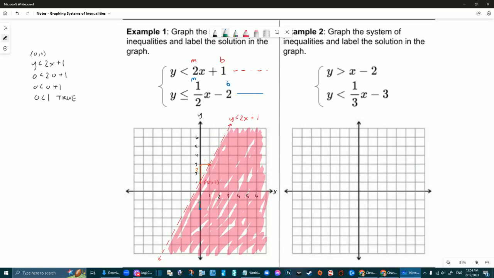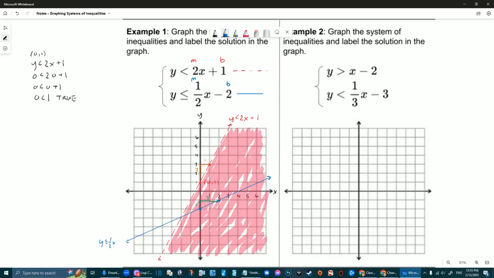So up 1, forward 2. Make a dot. Grab our ruler, play connect the dots. I'm going to go ahead and pause here so you don't have to watch me do this. You can see my line has been drawn. I'm going to do that same thing, arrows on both sides. I'm going to label that inequality off to the edge of the graph.